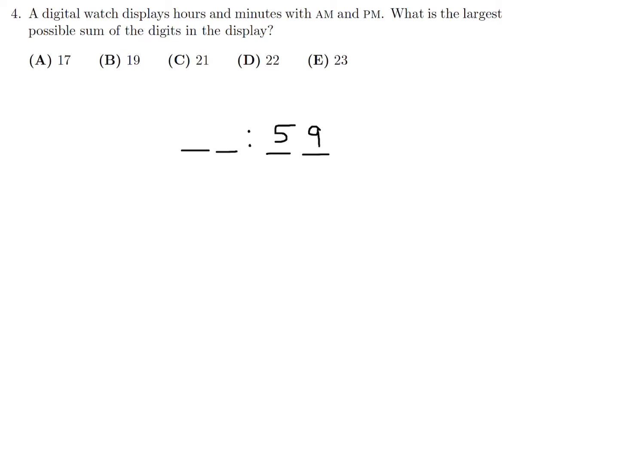And then in terms of the hours, if it's an AM PM clock, then it's just going to show 1, 2, all the way up until 12, like that. So in terms of the largest digits, 09 would be the largest. And this is going to give us the largest possible sum of the digits, which is going to be 9 plus 5 plus 9, which is 23. So number 4, the answer is E.